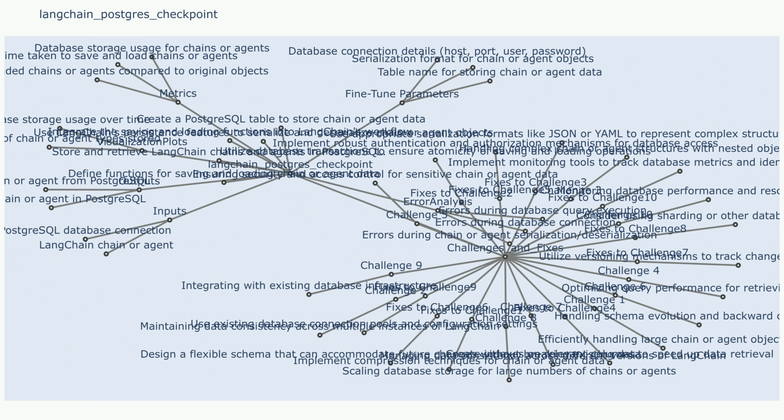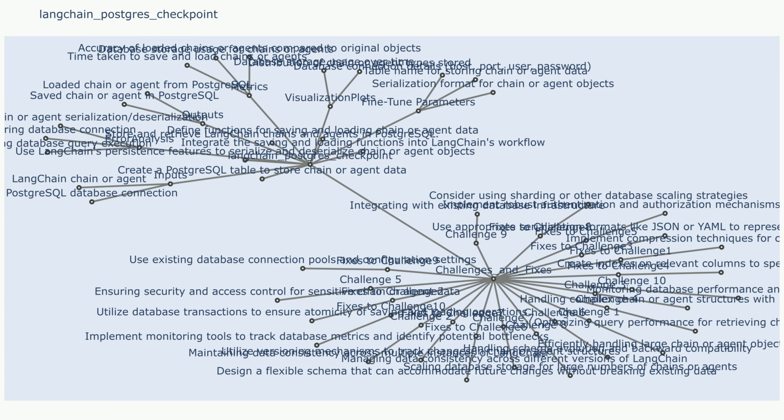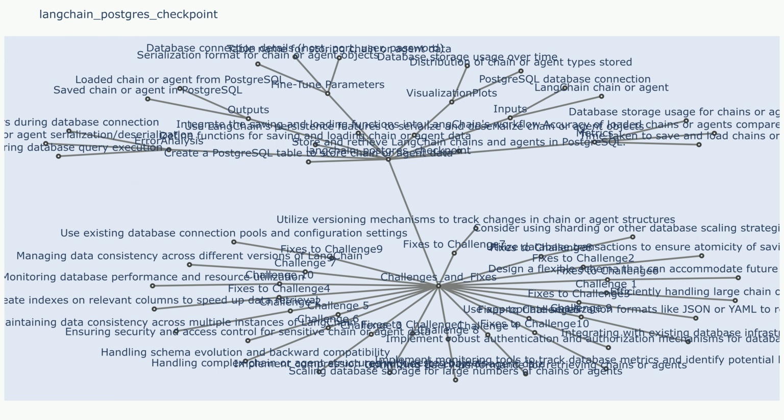Different formats can have varying levels of efficiency and compatibility with the database. Database table structure: the structure of the database table where checkpoints are stored can be optimized for different types of queries and retrieval patterns. Compression: using compression techniques for the serialized state can reduce the size of the checkpoints and improve storage efficiency.